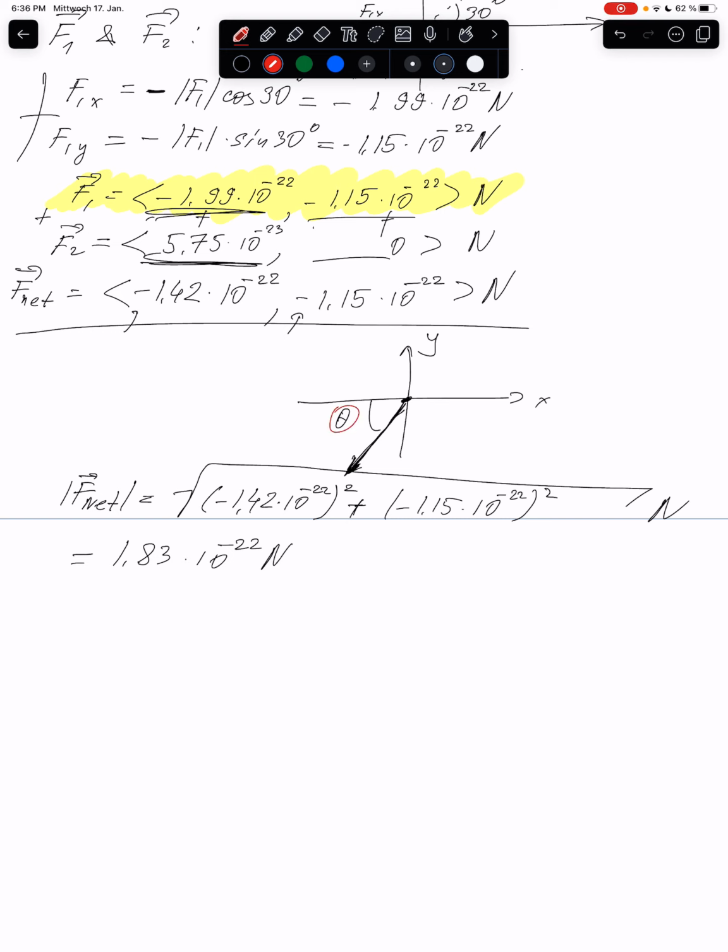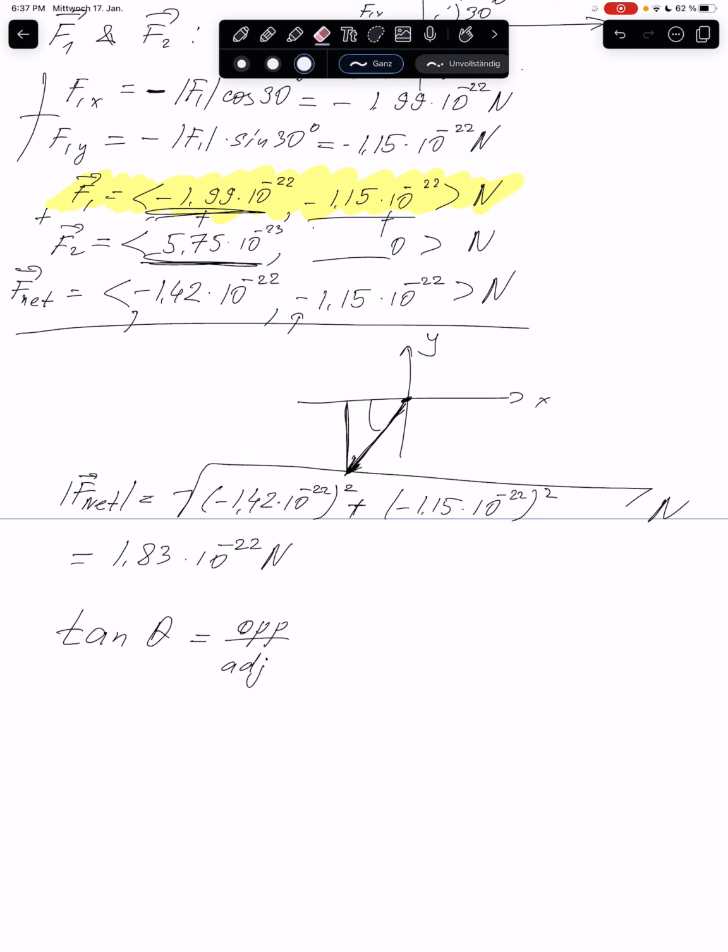Next, I need to determine this angle theta. I can use the definition of tangent. Let me remind you that the tangent of the angle is given by the ratio of the opposite side divided by the adjacent side in the corresponding triangle. So let me draw this triangle over here.